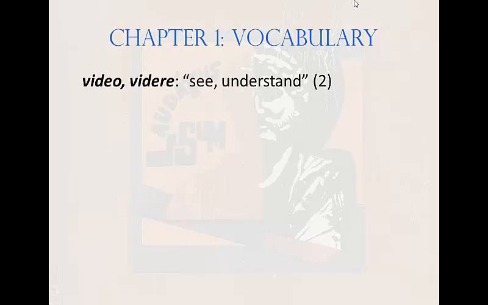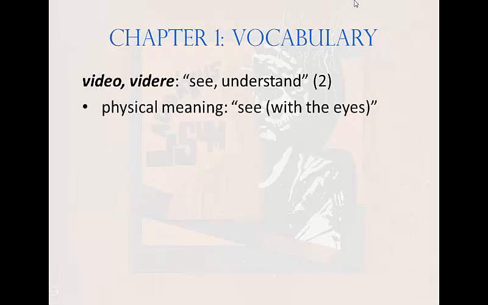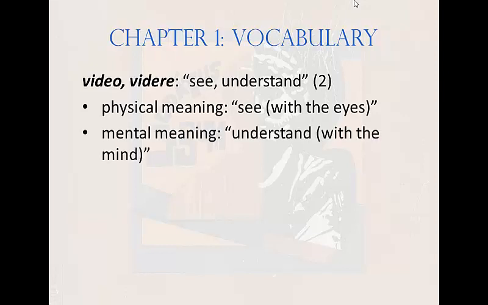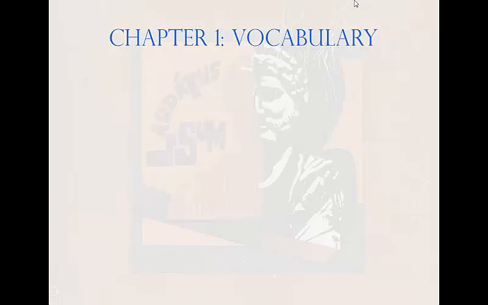Video, videre, means see or understand. It's second conjugation. This verb has both a physical meaning, to see with the eyes, and a mental meaning, to see with the mind, that is, to understand. Voco, vocare, means call or summon. It's a first conjugation verb. Quid means what?